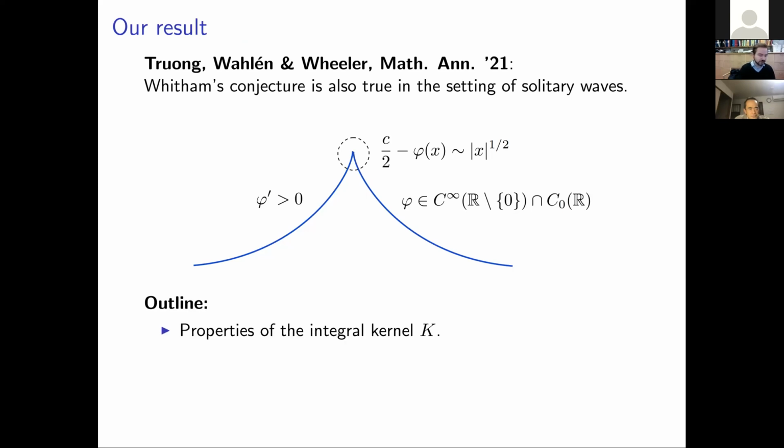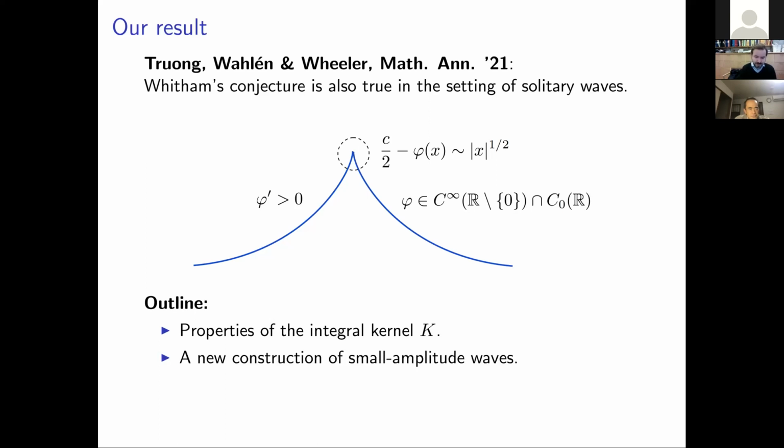Okay, so that's what I'm now planning to talk about. My plan is to give you some idea of the proof of this result. An outline is that I will first talk about some properties of the integral kernel. This will be a bit of repetition of what Mats said.